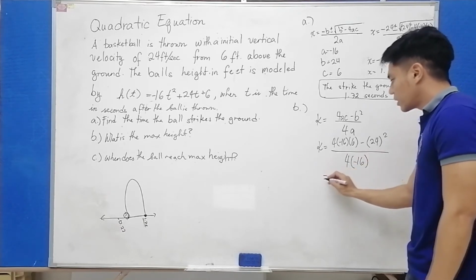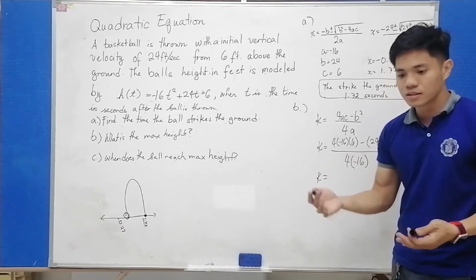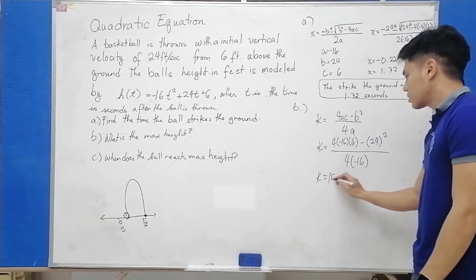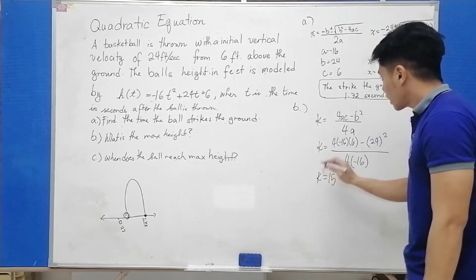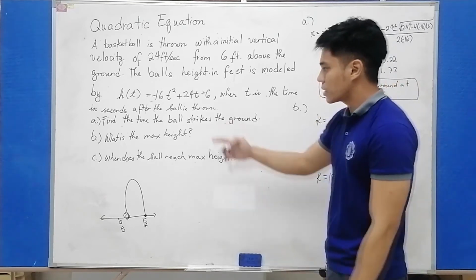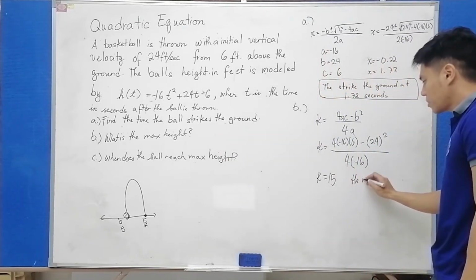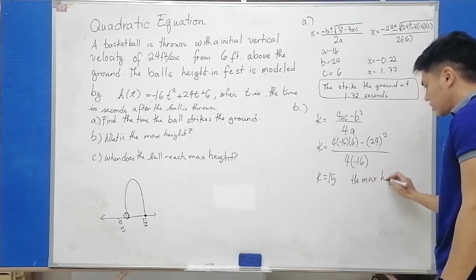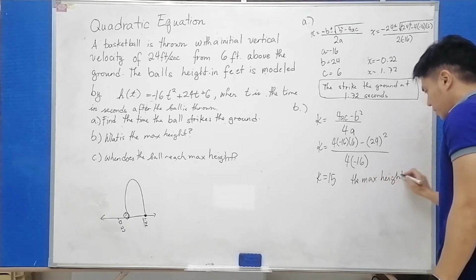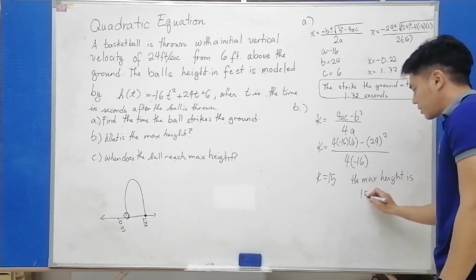If we simplify that using our calculators, we will have an answer of 15. So k is 15. In this statement, the maximum height is 15 feet.